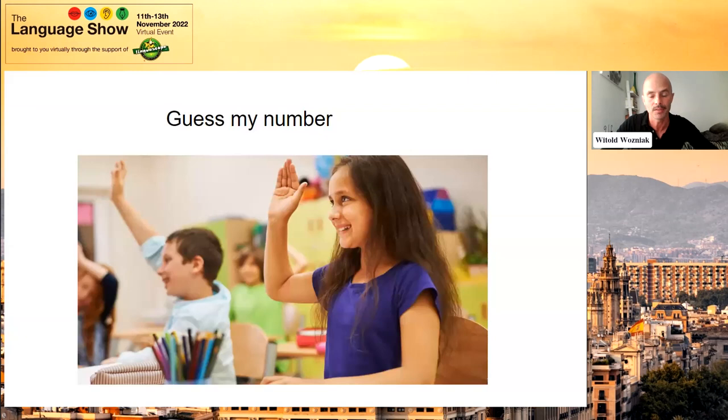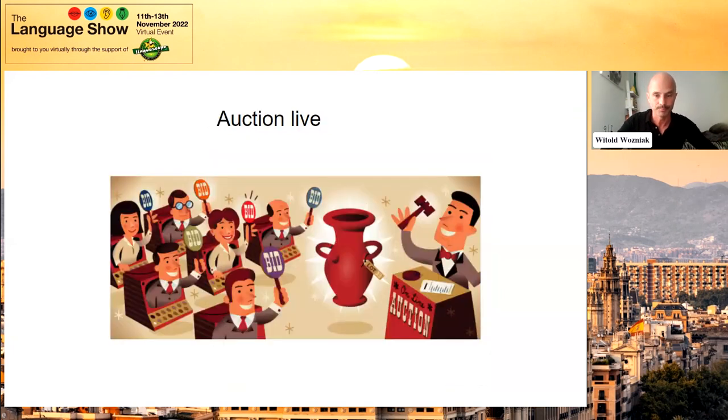And then you can even ask, okay, is that a positive or negative opinion? So you can really, really extend it. And they are obviously telling you more words or more sentences. I call it guess my number, but it can be any number of words or options you're going to apply.